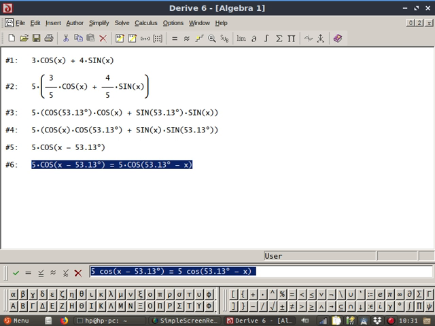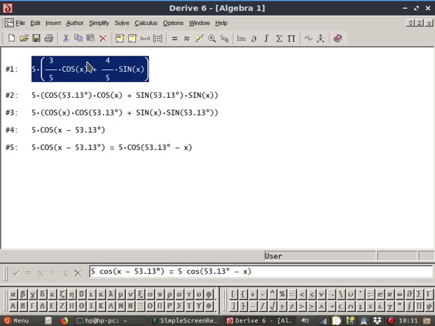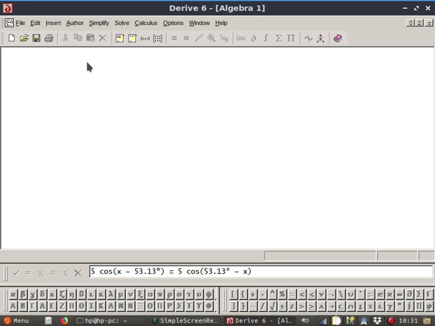Now, wait, I have one more thing to show you. If you go back to the lesson on the functions, on even and odd functions, this one.